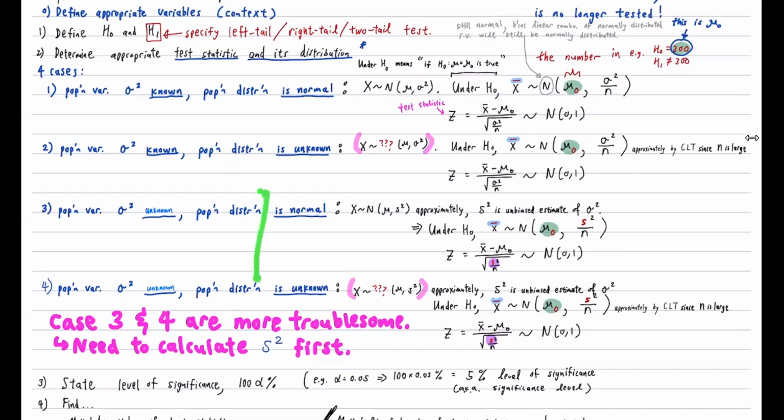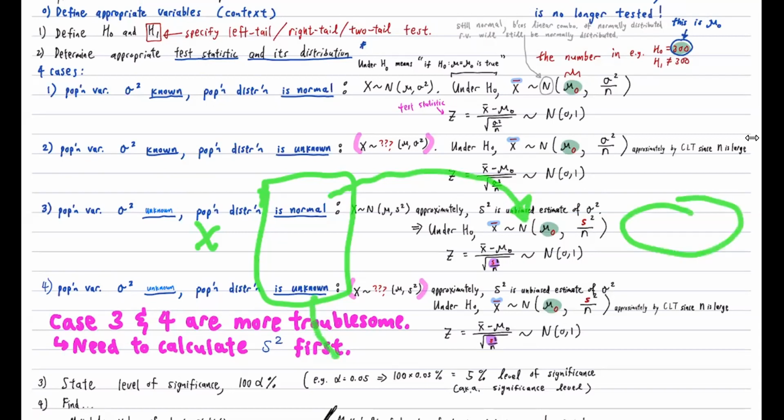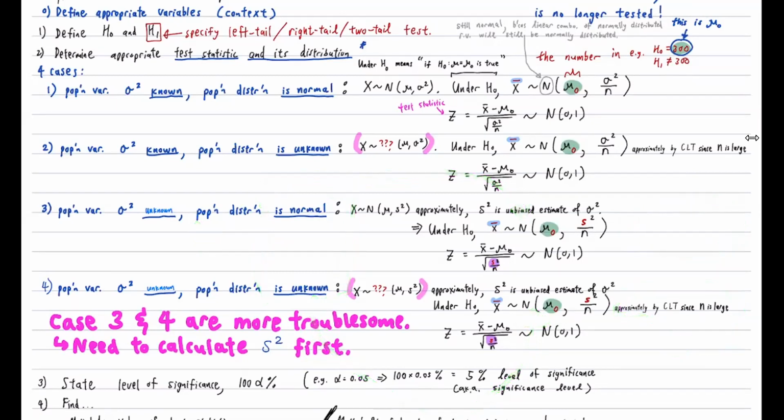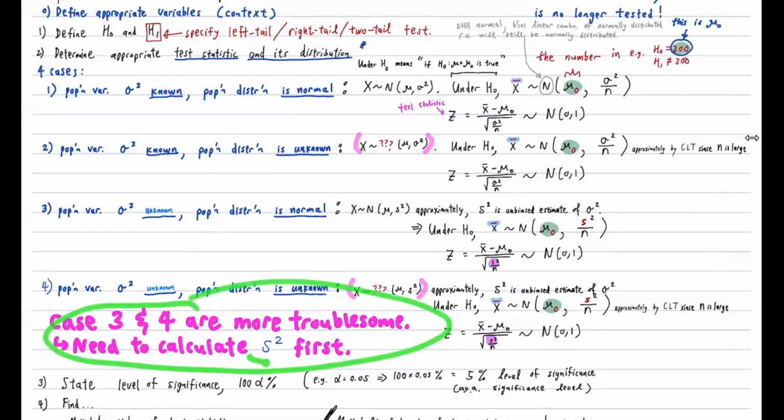Then normal or unknown for the population distribution of the original X. If it's normal, we just conclude that the X bar will also be normal. Don't need to mention CLT. If it is unknown, then we still conclude it is normal, but that's because of CLT. Okay? And these are the 4 cases you need to remember. So cases 3 and 4 are more troublesome. You need to calculate S square first.